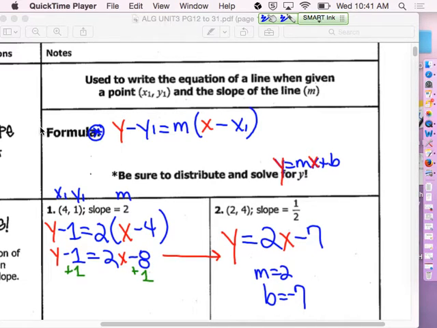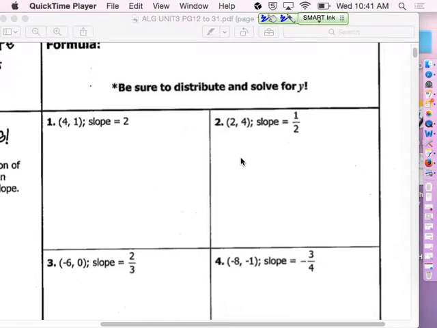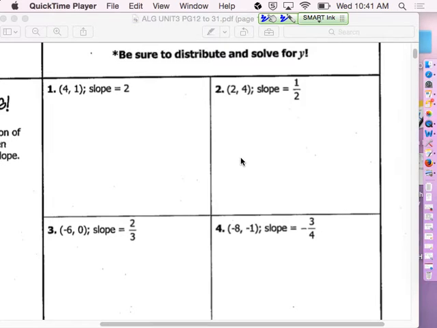Let me set up another one with you on the video. And let me provide the formula that we're going to use. So here's my generic formula. And I've got x sub 1 and y sub 1 and my m.